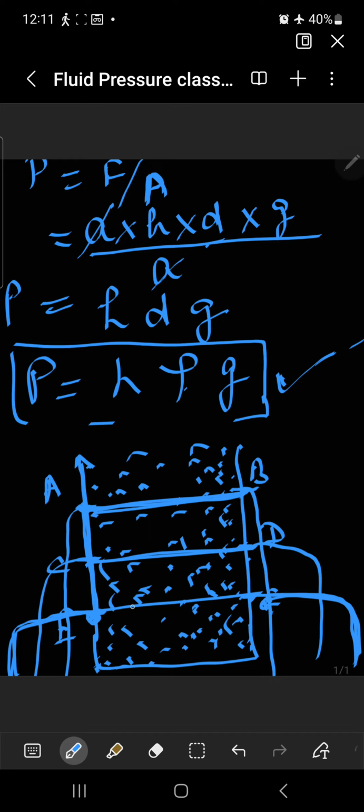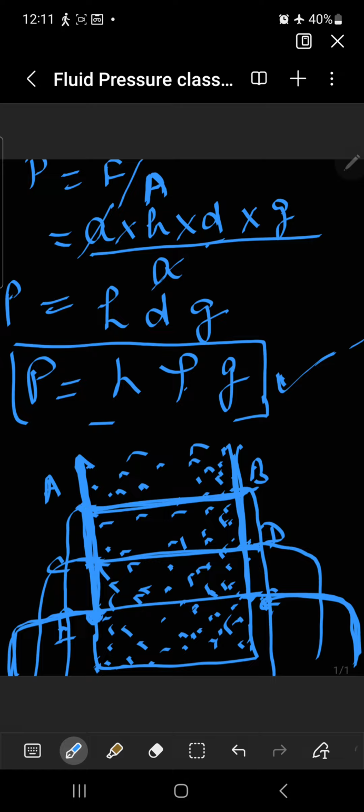For CD, the height of water which creates pressure on this point is this much, which is lesser than EF.